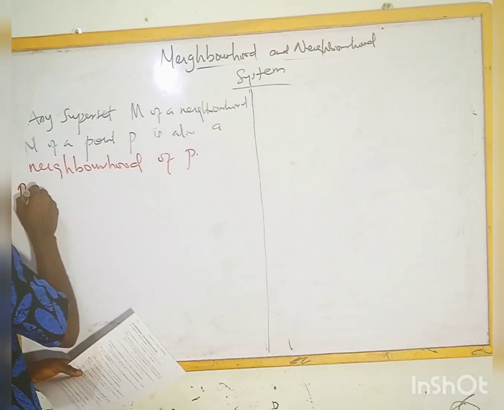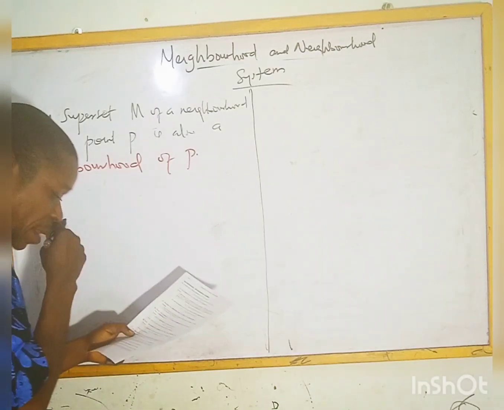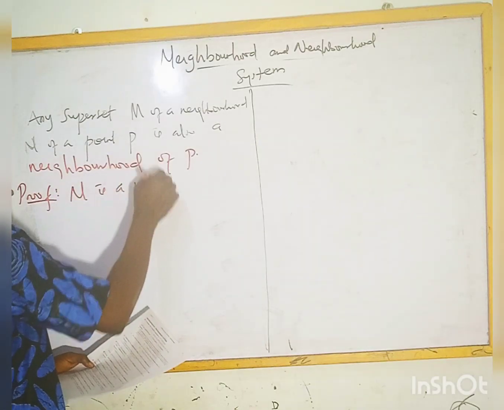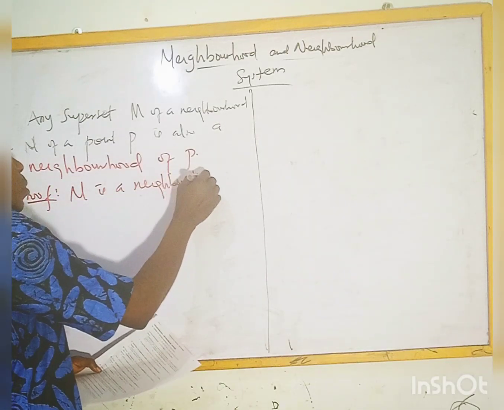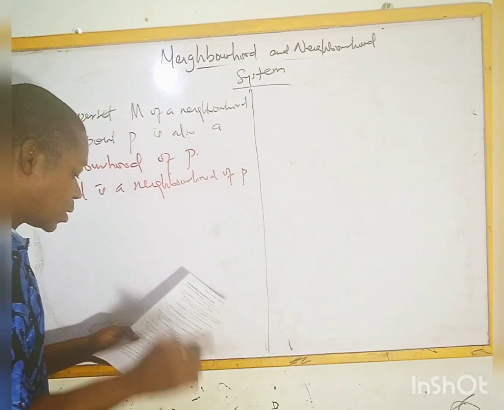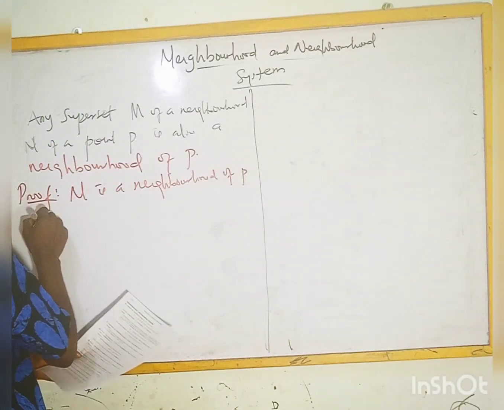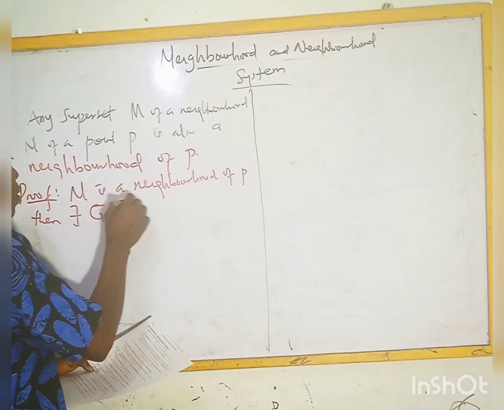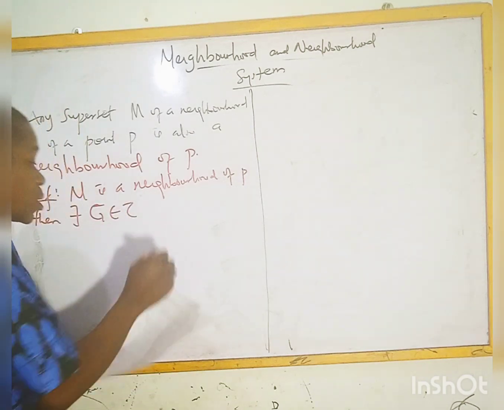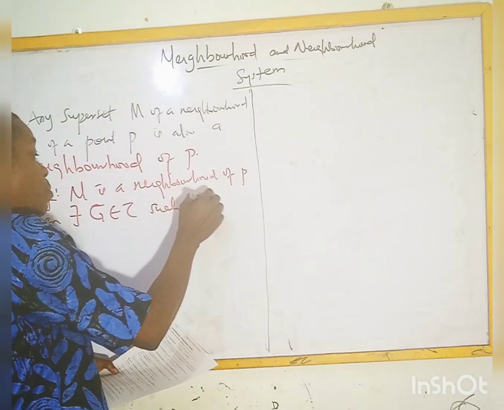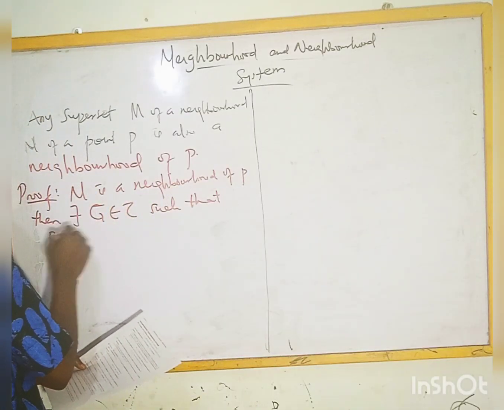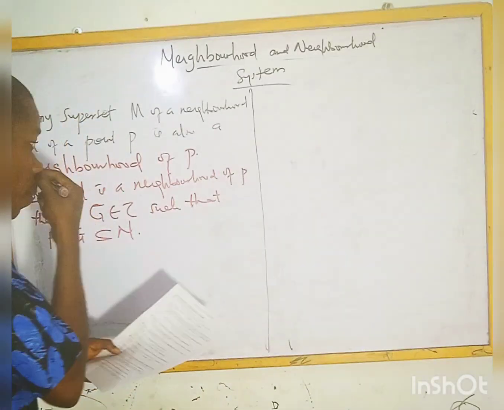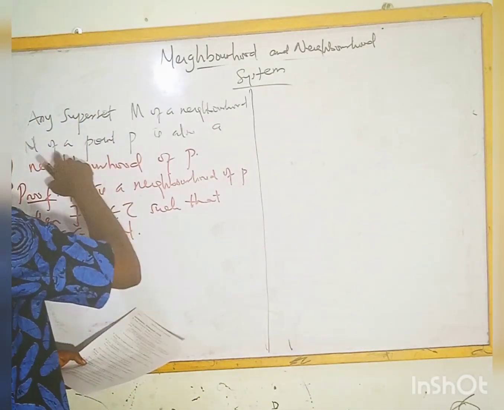If you look at it very well, since N is a neighborhood of P, I know that. Then there exists an open set G in tau, such that by definition of neighborhood, P is in G, which is a subset of N. Don't forget that N is by hypothesis.